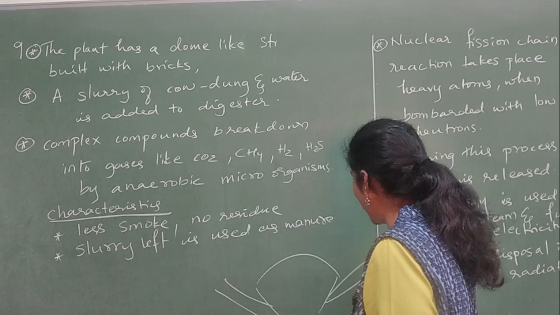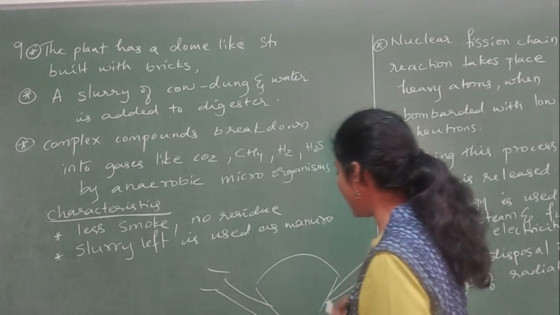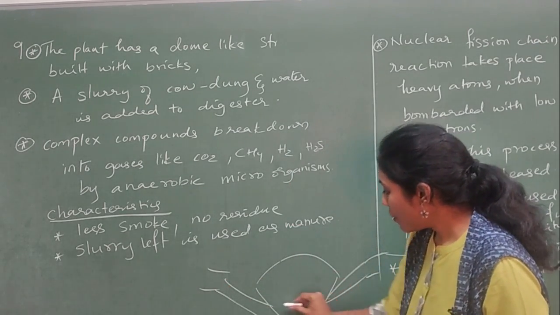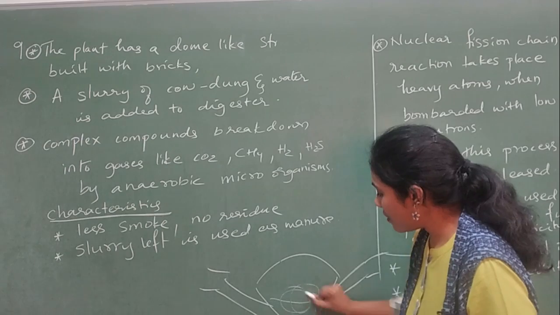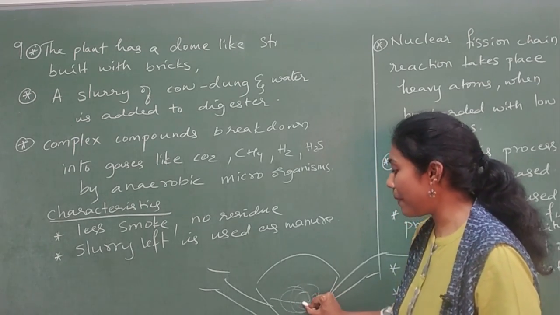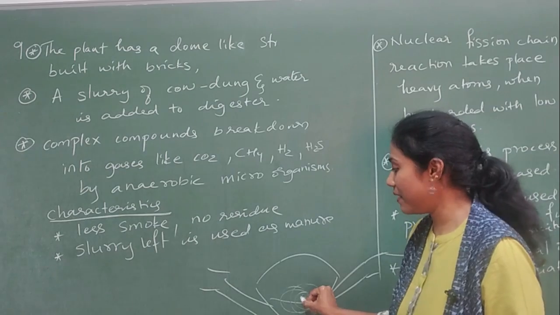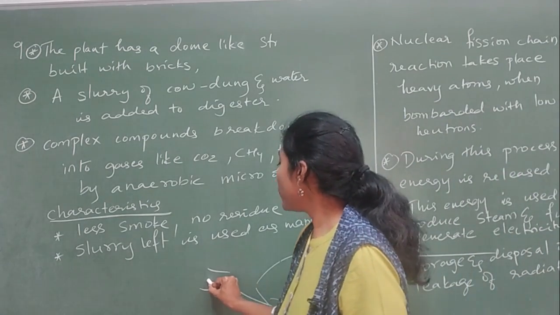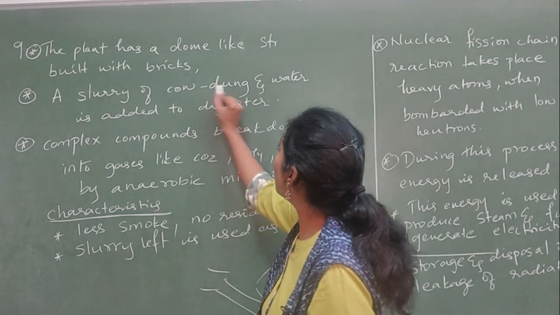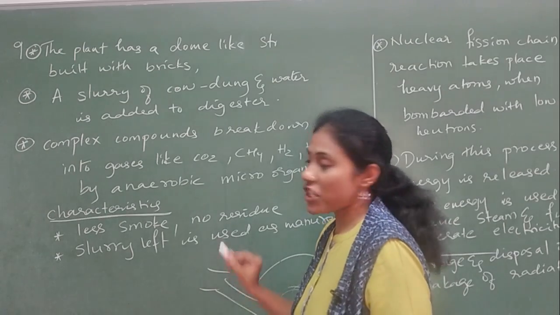I am roughly drawing a diagram. Here you have the digester, the main compartment where the decomposition of waste materials takes place. From this end we add the mixture of cow dung and water, which is called slurry.